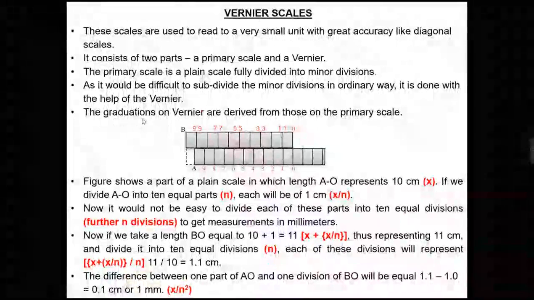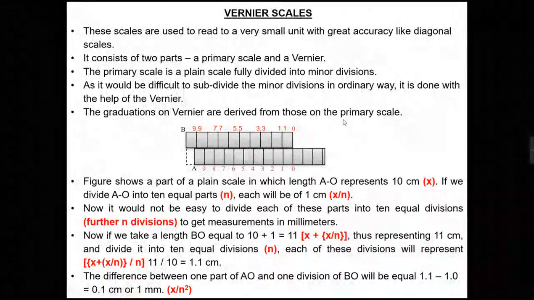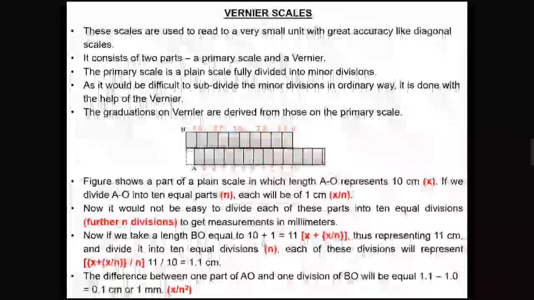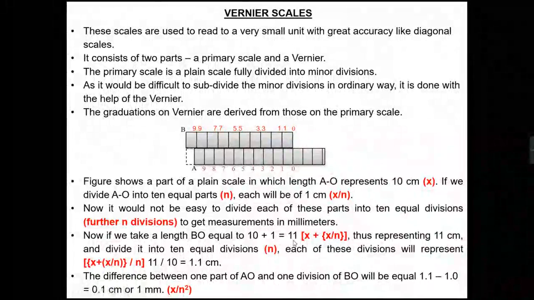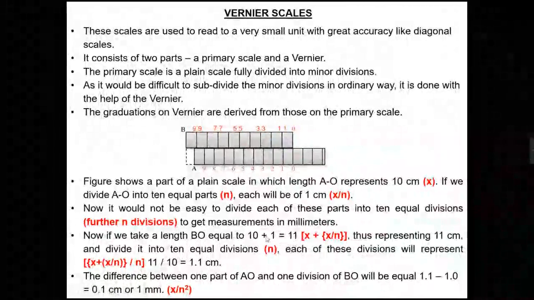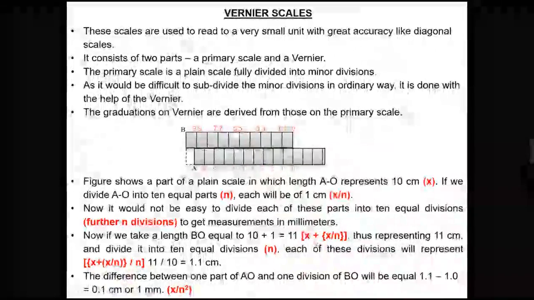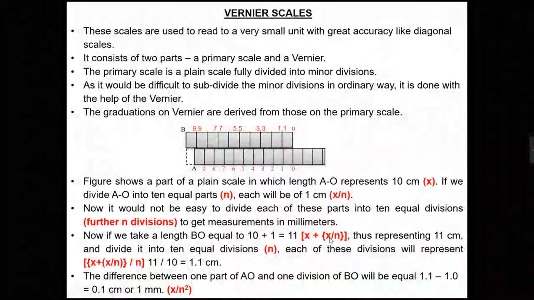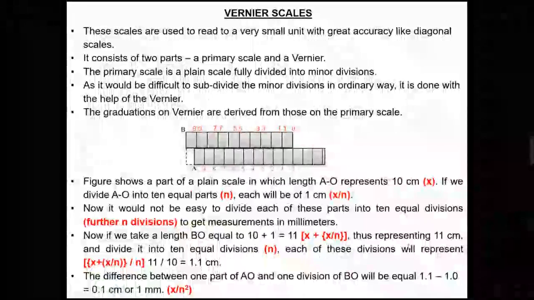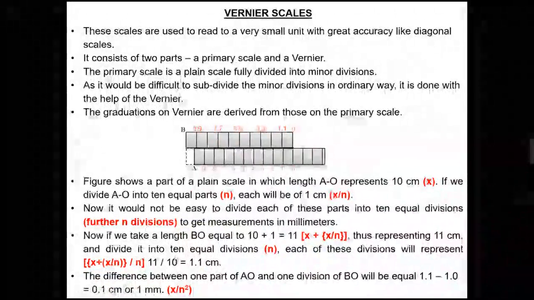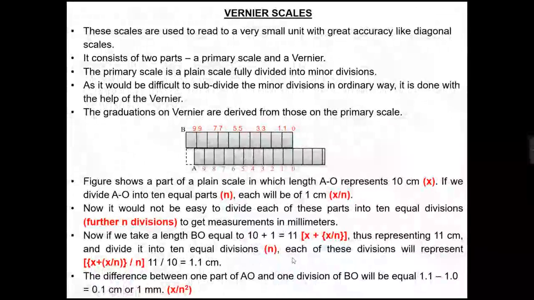That's why it was written here, the graduations on the vernier scale are derived from those on the primary scale. Now we have to take a length BO equal to 10 plus 1, that is 11 in the case of backward vernier. In general, it is x plus x by n, thus representing 11 centimeters, and divide it into 10 equal parts, in general n equal parts.